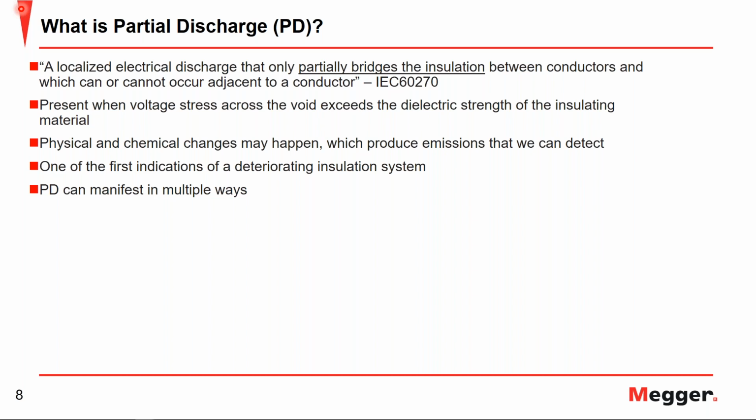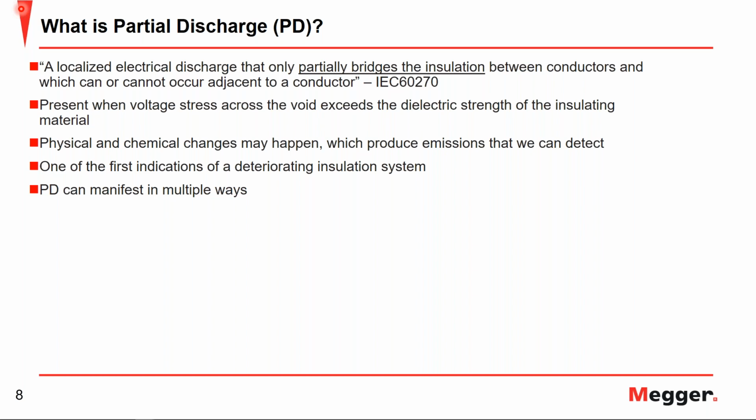Now, if left unattended, these partial discharges can worsen and lead to a complete breakdown, which could cause severe damage, incur high costs, and cause unplanned outages. This particular definition was taken from the IEC 60270 standard.